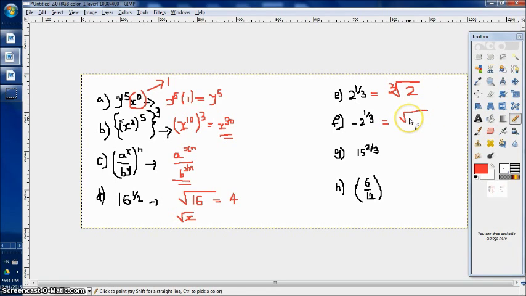Now, exponents raised to exponents. So this is multiplying exponents, because this is x squared raised to 5 all raised to cube. It's not the case when we add exponents, because these are not bases that we are multiplying.